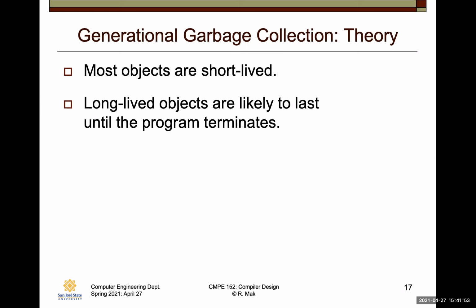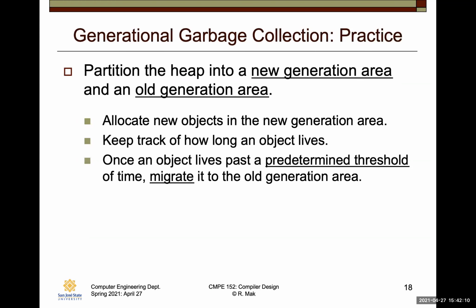So either you have short-lived objects or you have long-lived objects that, once they've been created, will stay around to the end of the program. Okay, that's the theory. So you would then partition the heap into a new generation area and an old generation area. Okay, and here's how that works.